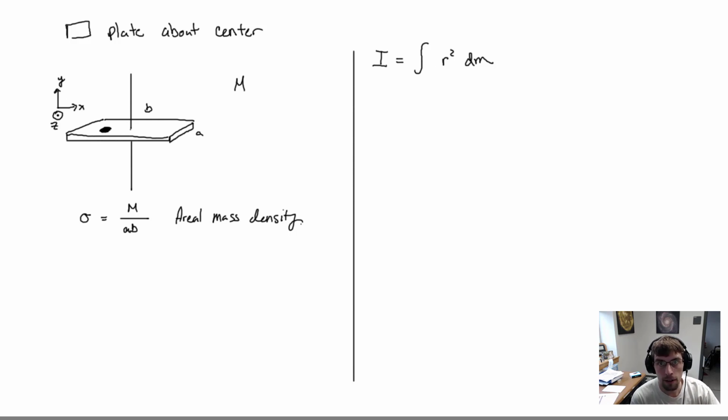You got it? Rock and roll. So because I have the sigma, let's think about it. dm would simply be my infinitesimally small area, which I will represent as dx dz, times sigma.